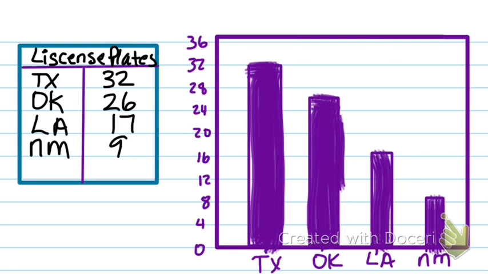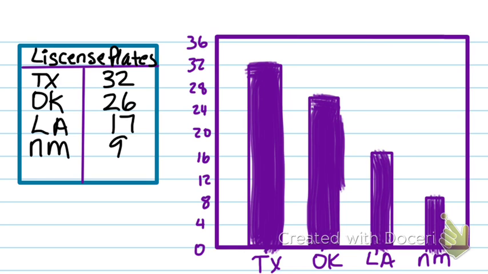What is the difference between the New Mexico plates and the Texas plates? What is the difference? How do we find difference in math, people? You subtract. So what would be the difference, Paige?